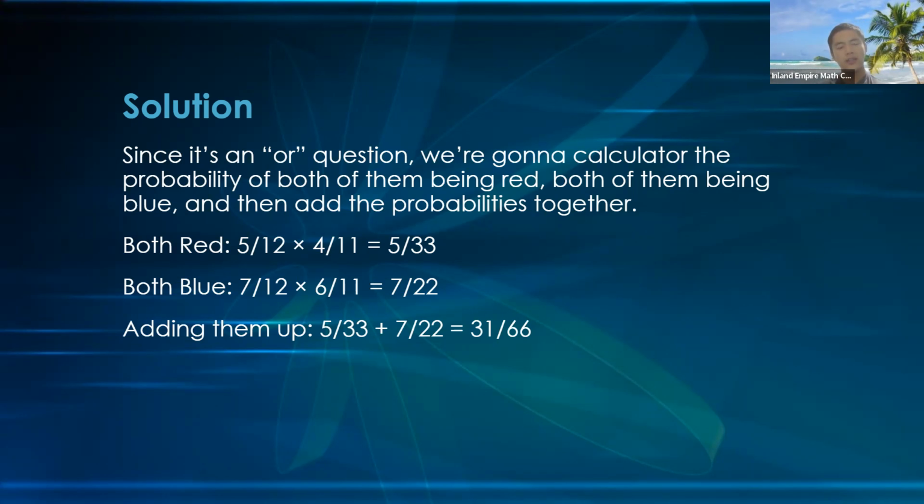The calculation for both of them being blue is literally the same steps as both of them being red. It's simply successful over total times successful over total, right? We have 7 blue marbles, 7 over 12, remaining 6 over 11. So multiply that, you get 7 over 22. Add them up and do a little arithmetic, you get 31 over 66, which is just slightly under 1/2.